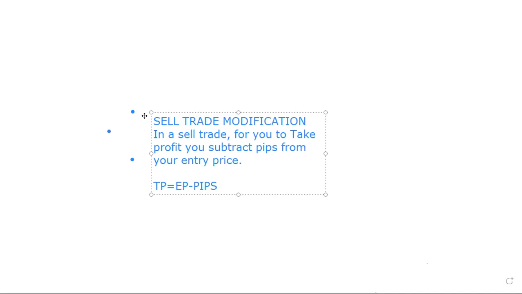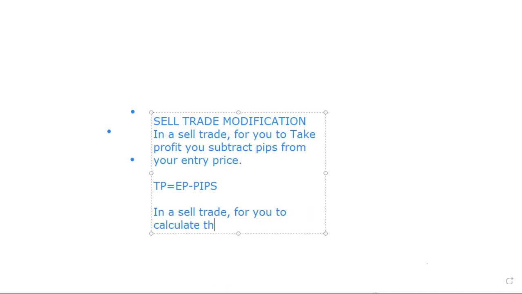But let's say we're calculating the stop loss. Write this down. In a sell trade, for you to calculate the stop loss, you add pips to your entry.